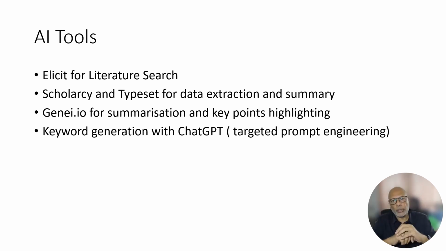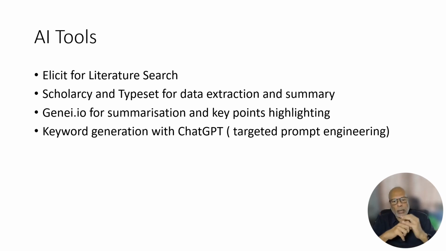By putting in a question, it will gather the data for you. Scholarly and Typeset, the two other platforms, are very useful to help us analyze papers or PDF documents, to ask questions and be able to extract the data that we want from those papers without having to go through them manually, reading those single papers.